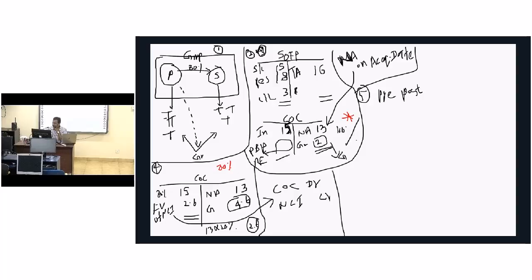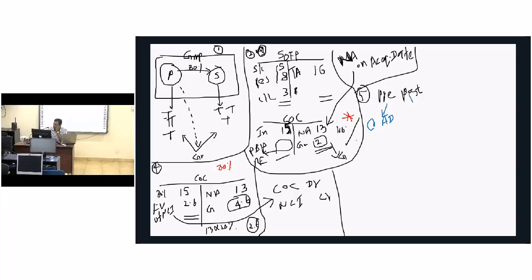So therefore, we have to think about pre-post. What is pre-acquisition profit? Pre-acquisition means profit at the acquisition date. AD means acquisition date everywhere in my examples.